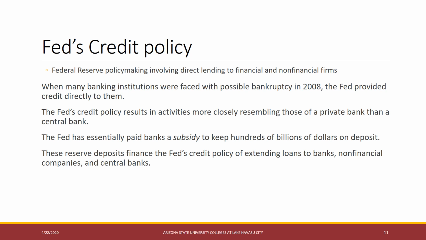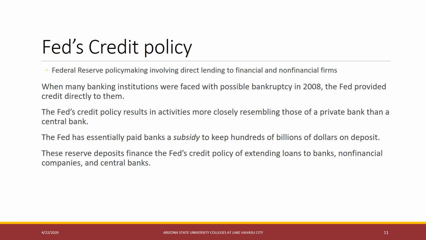Fed's credit policy. Federal Reserve policy making involves direct lending to financial and non-financial firms. When many banking institutions were faced with possible bankruptcy during 2008, when the economy was under a financial crisis, the Fed provided credit directly to them.